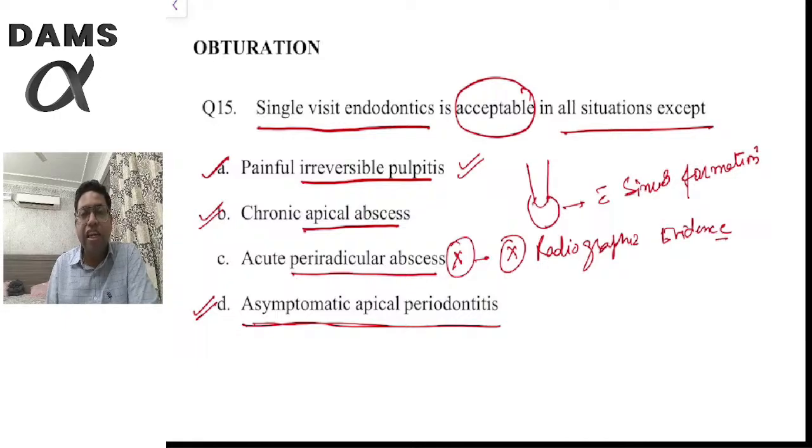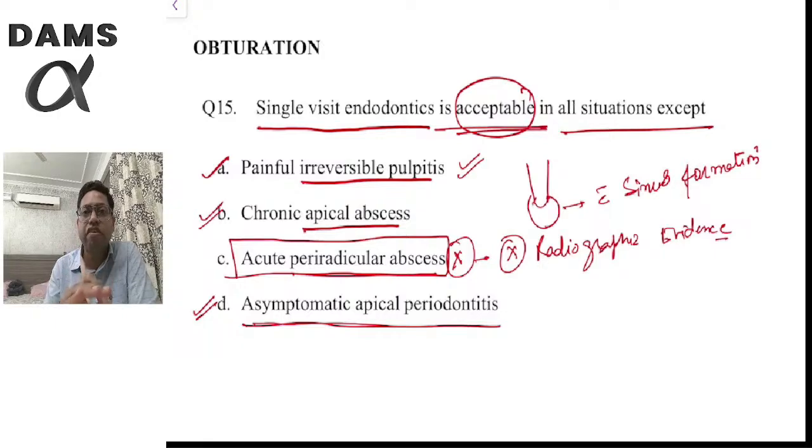So looking at the clinical options over there, you have to remember this. Acute periradicular abscess is least acceptable out of the conditions over here. I'm not saying it is contraindicated in cases of acute periradicular abscess. The question is asking you, it is acceptable. Accept means not as acceptable as other clinical diagnoses.